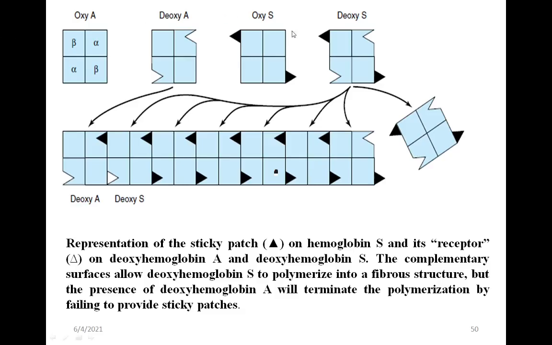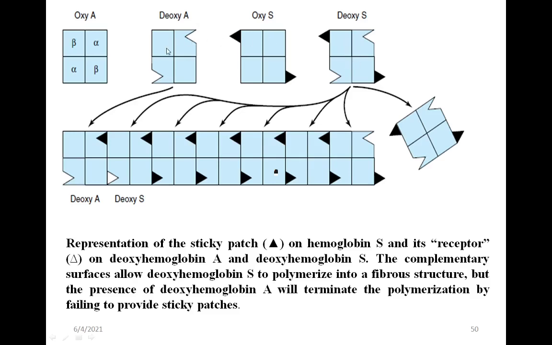Then deoxyhemoglobin has the sticky patch, and oxyhemoglobin also has the sticky patch, in both the deoxygenated and oxygenated states. And the complementary sticky patch, the binding site for this sticky patch, is present in both hemoglobin S and hemoglobin A, both normal and S hemoglobin, isn't it?